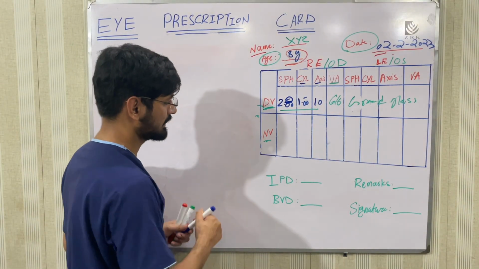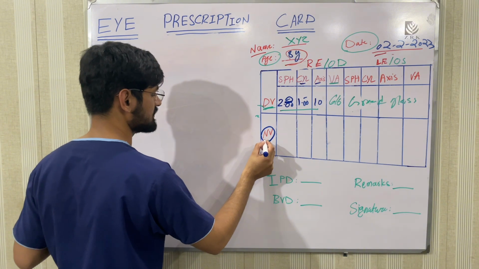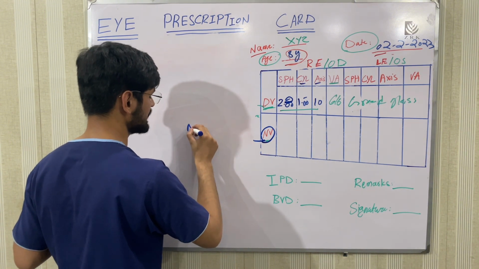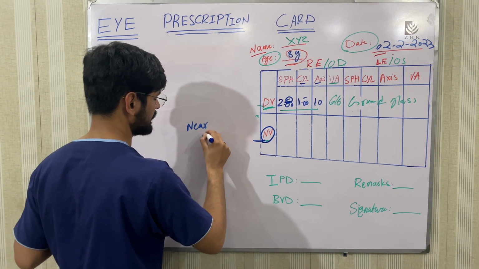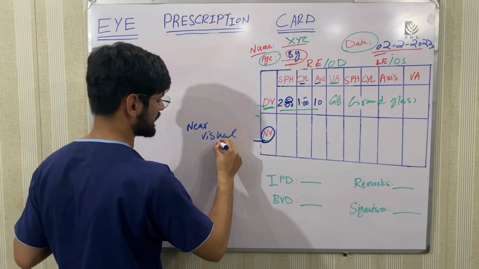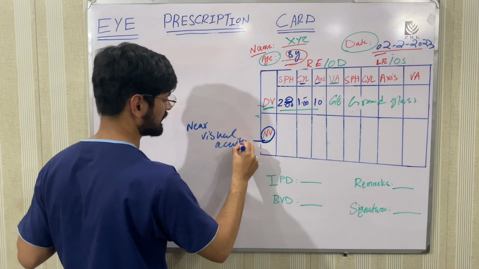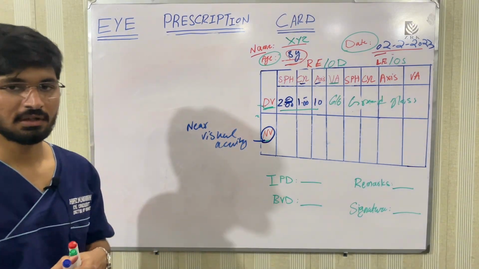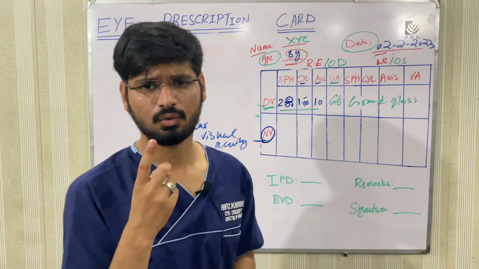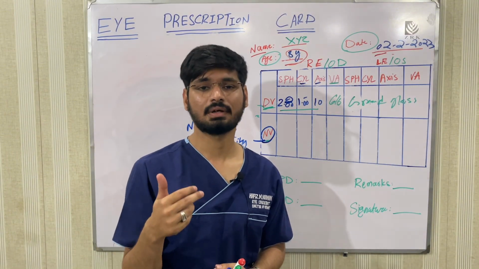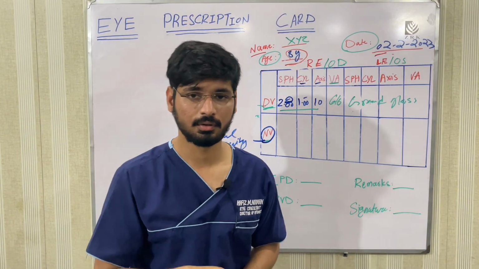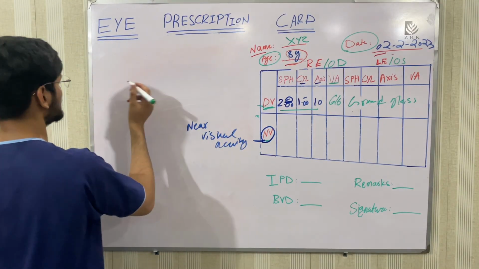Now come to the next column, which has NV, and NV means near visual acuity. There are two methods you can use to write the near visual acuity number. The first is very simple.